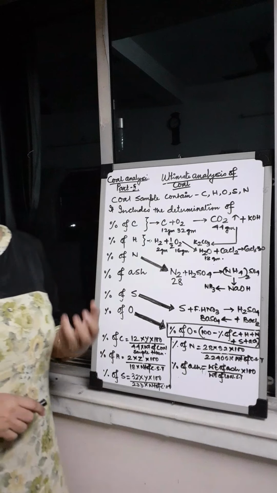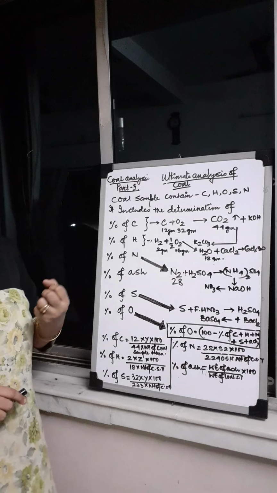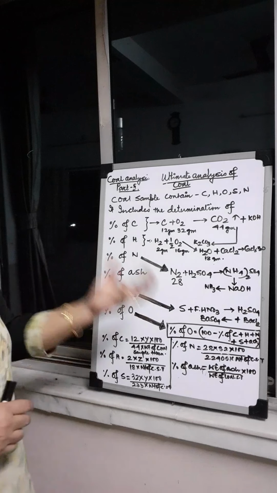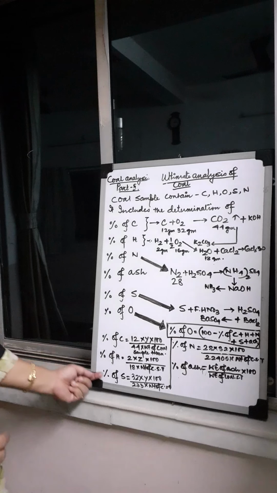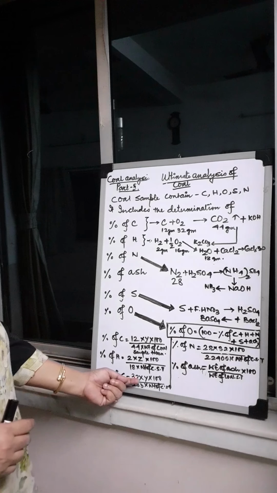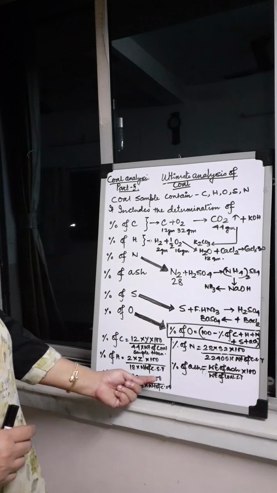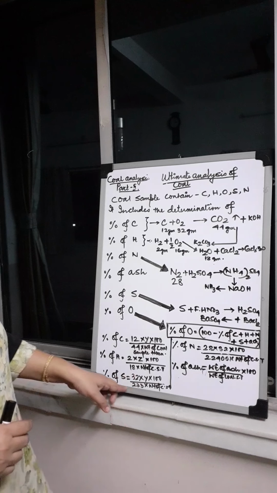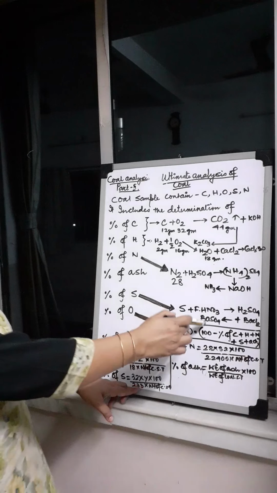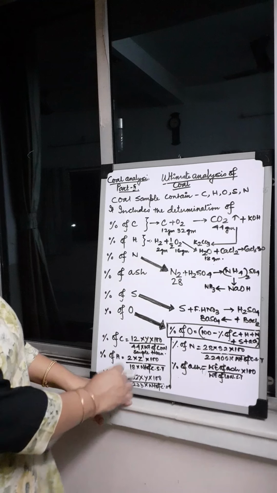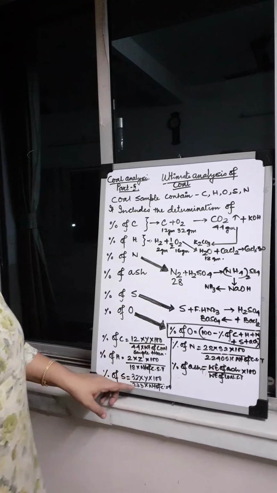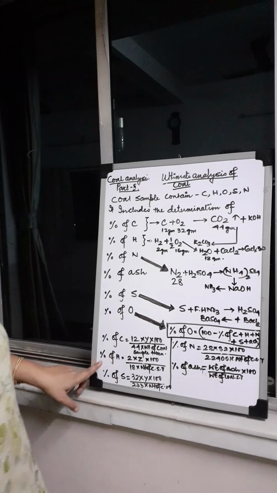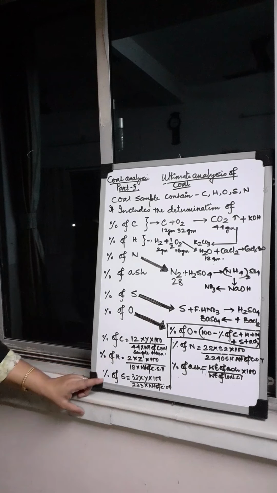The amount of barium sulfate we got after precipitation is weighed. Then the percentage of sulfur is equal to 32 into y into 100 divided by 233. This is the molecular weight of barium sulfate, 233, and 32 is the atomic weight of sulfur. In this way, we can calculate the percentage of sulfur.